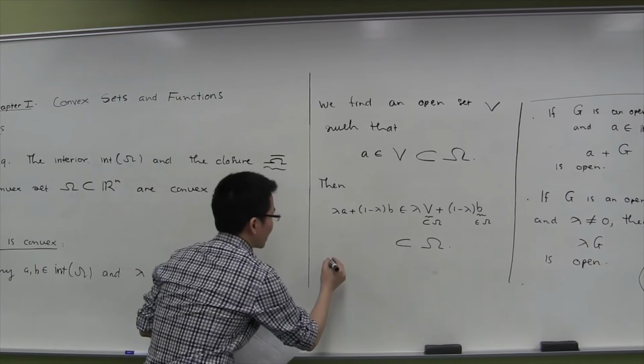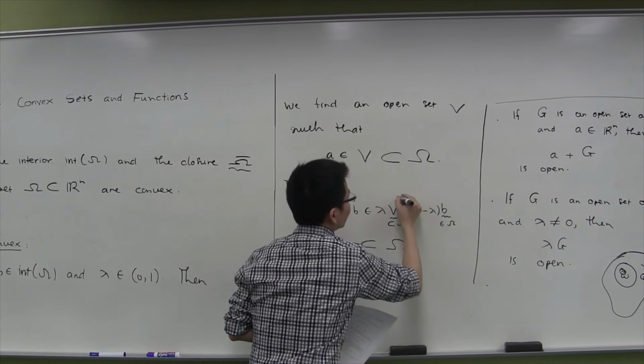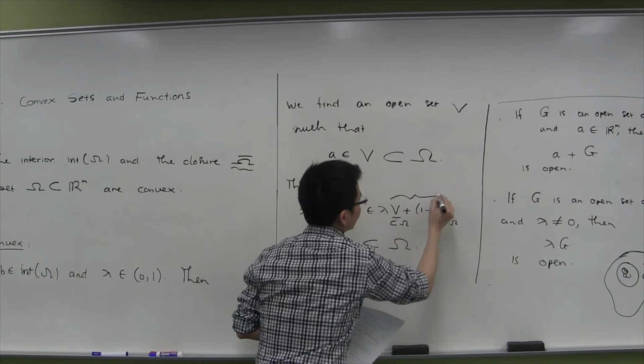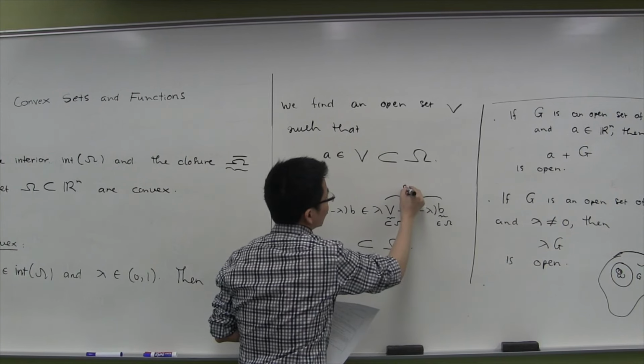Now, as mentioned before, this set here is open. Lambda V plus 1 minus lambda B, this set is an open set.